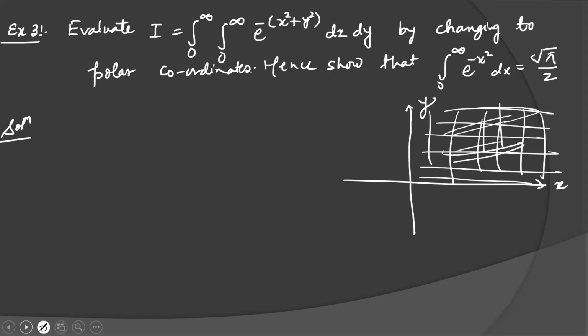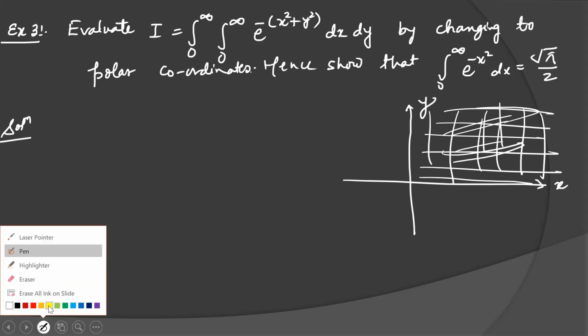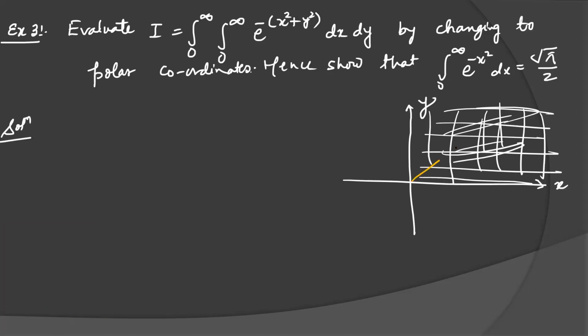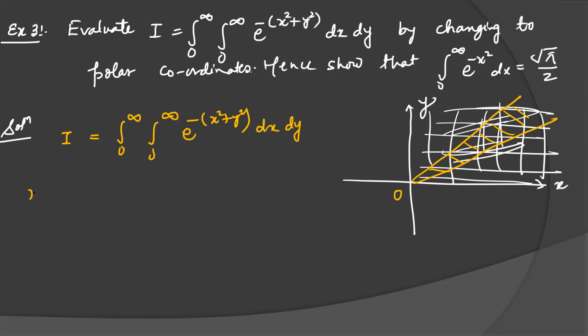Now suppose you want to change to the polar system. We have to draw a strip from the pole only, because it is starting from the origin. We know the substitution: the integration is 0 to infinity e to the power minus (x square plus y square) dx dy, with x equal to r cos theta, y equal to r sin theta.